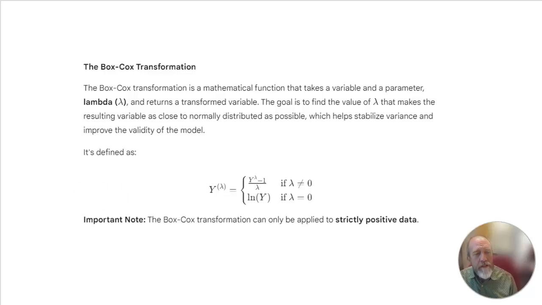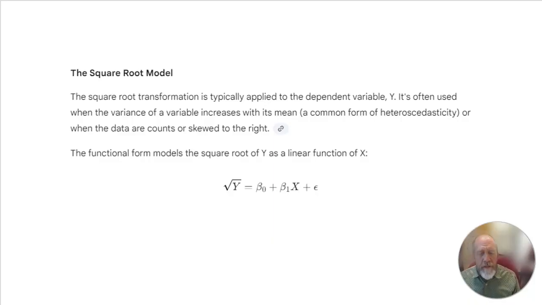I want you to understand that when you do a transformation, you simply take all of the x or all of the y, or all of the x and all of the y, and you apply a transformation function to it. Once you get it into this specific form, where this a value equals beta naught plus beta 1 times a value plus the residuals, you can calculate the beta naught and the beta 1, and then you can untransform this data back and get the final form of the equation, because the beta naught and the beta 1 aren't going to change.